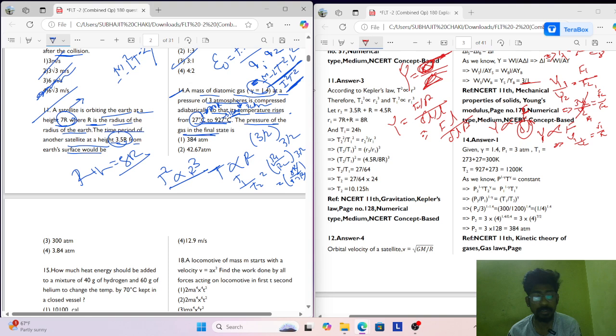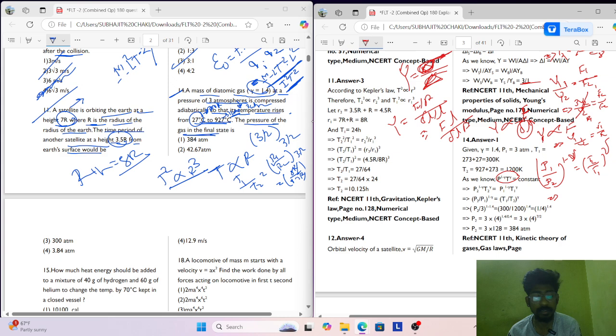Okay, got it? So the formula for the adiabatic process is P to the power (1 minus gamma) times T to the power gamma is constant. So (P1 by P2) to the power (1 minus gamma) will be equal to (T2 by T1) to the power gamma. This is the formula for the adiabatic process, right? Now just put all the values in.